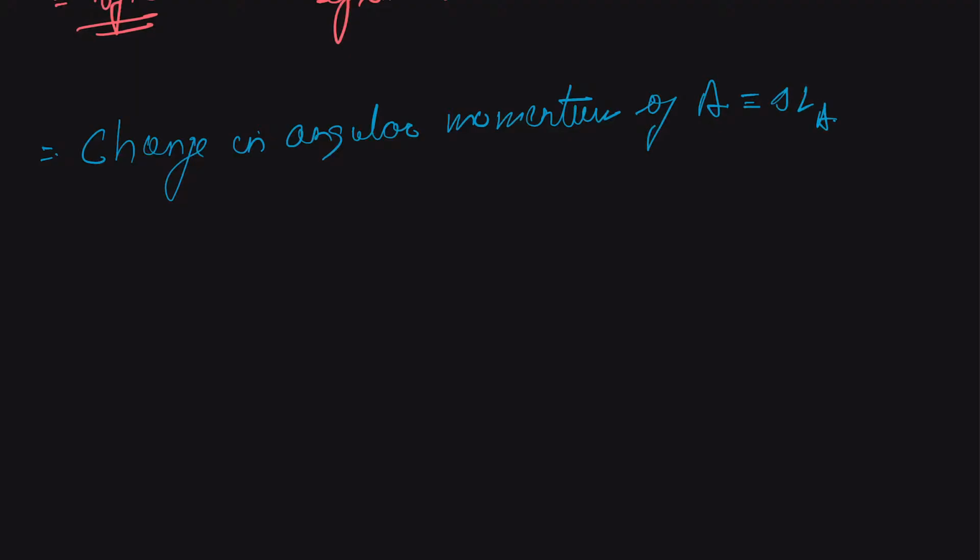So we can write that delta LA is equal to angular momentum after minus angular momentum before. Okay, and we simply substitute.